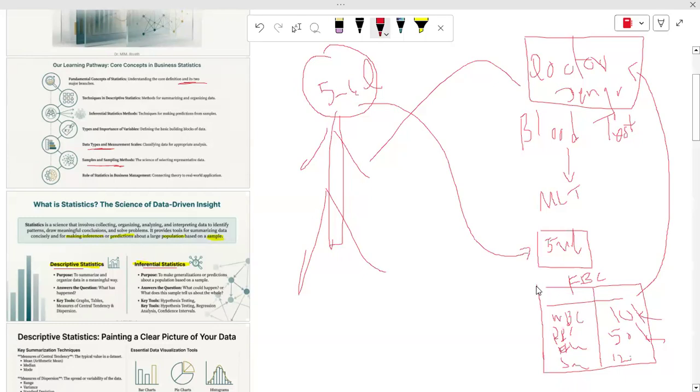This is the MLT report. This report is based on this 5 ml sample, from the population. The MLT describes it in a different manner, right?